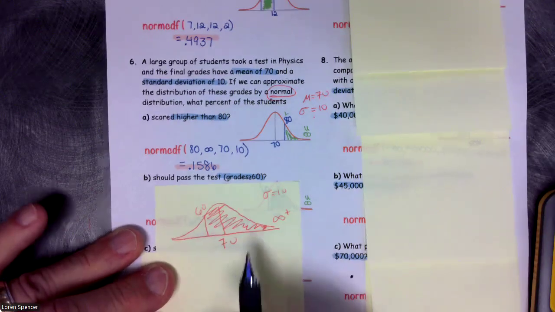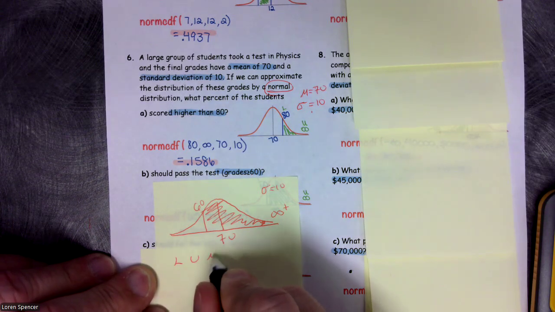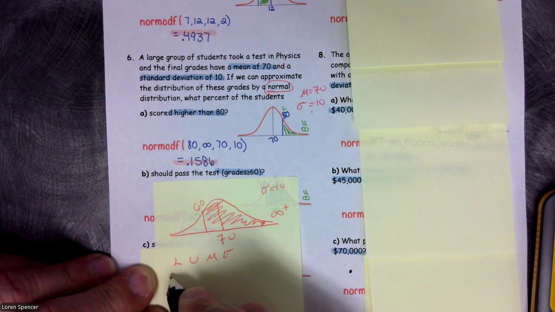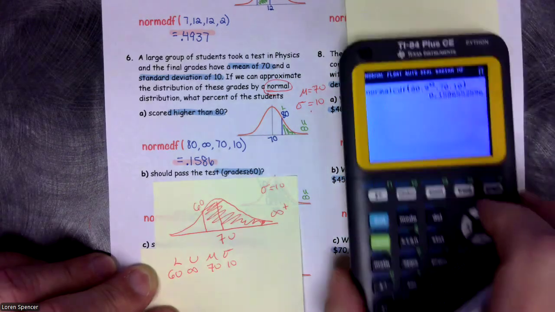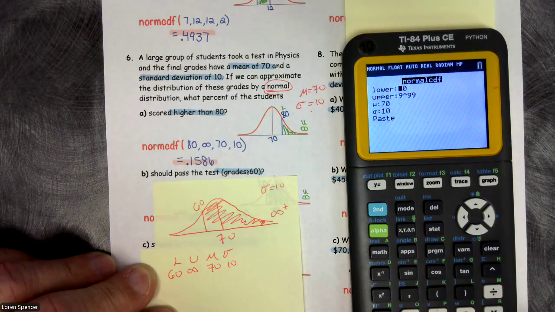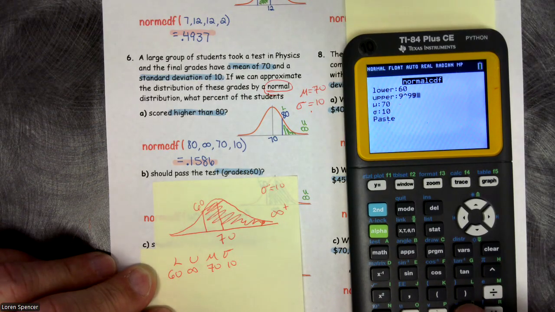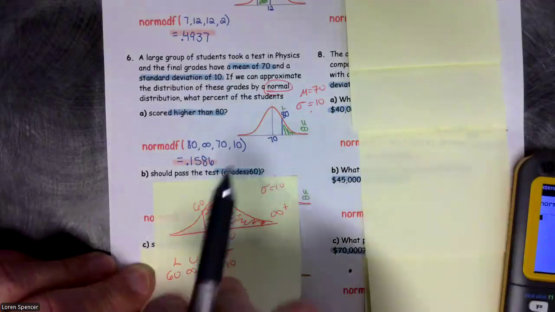We go ahead and take it all the way to theoretical infinity. And we're going to go lower, upper, mean, standard deviation. So 60, infinity, mean of 70, standard deviation of 10. Second VARS, normal CDF, 60, 9 raised to the 99th, 70 and 10, and we get 0.8413.